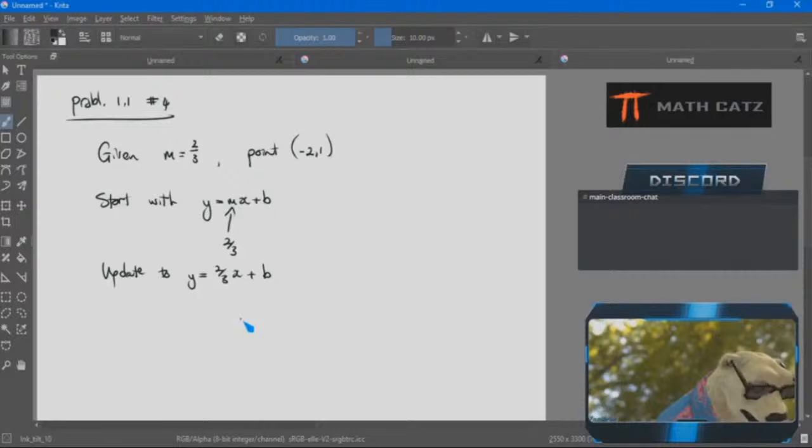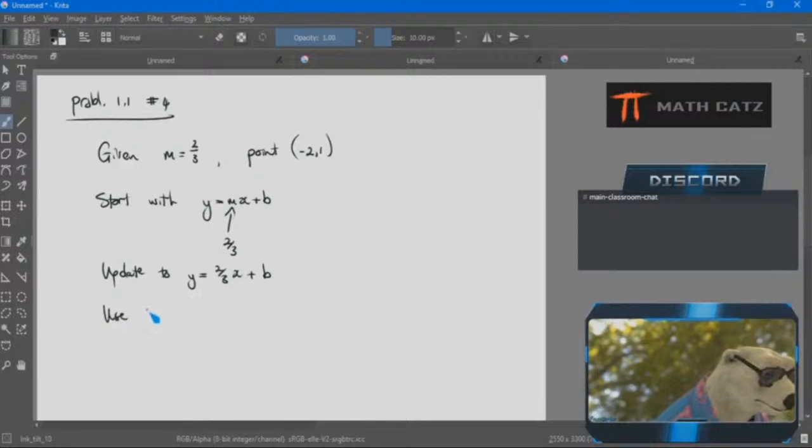Now remember, the slope-intercept form is still an equation, just like the general form was, which means it gives me a relationship between x values and y values. So whenever I plug in an x and a y value pair that is valid, that sits on the line, it has to satisfy the equation.